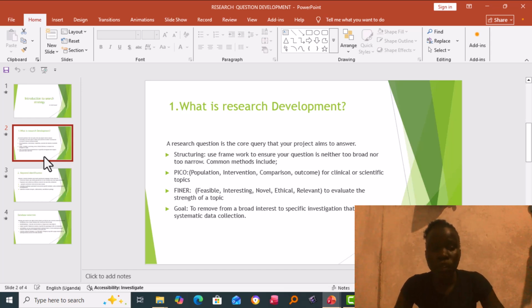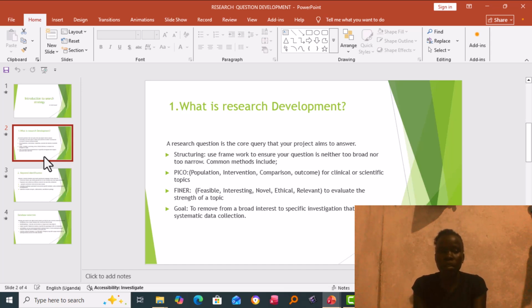The goal is to move from a broad interest to a specific investigation that requires systematic data collection.